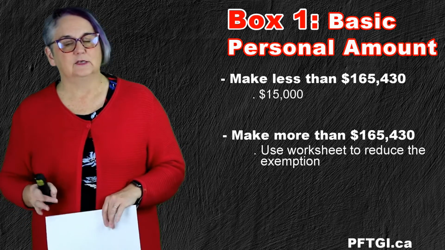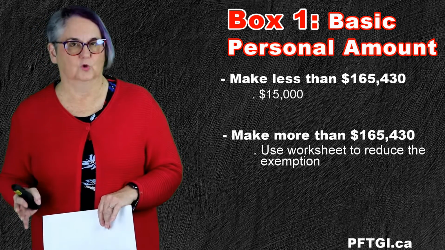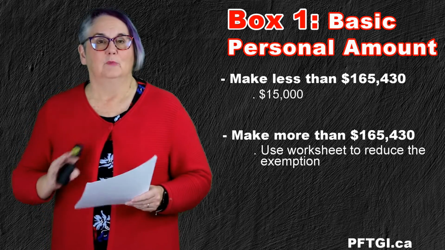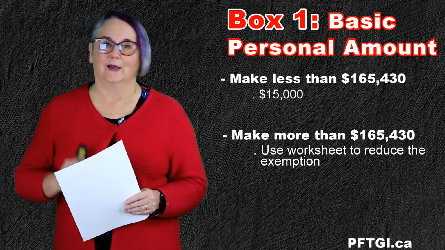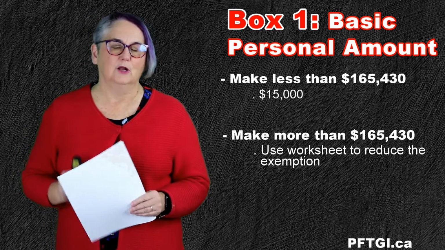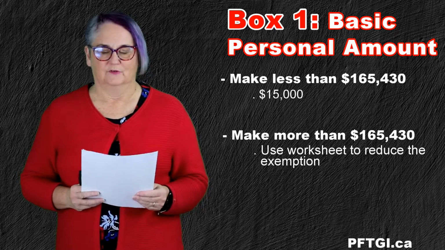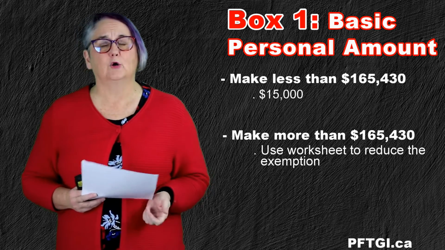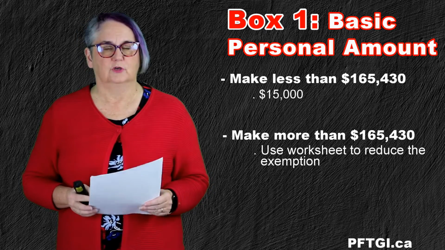In that case, you are not entitled to the full $15,000 personal exemption. Okay? But for all of you that don't make more than the $165,000 number, the amount you put in box 1 is $15,000. There's a worksheet for people who make over 165, which we'll talk about at the end of the video.